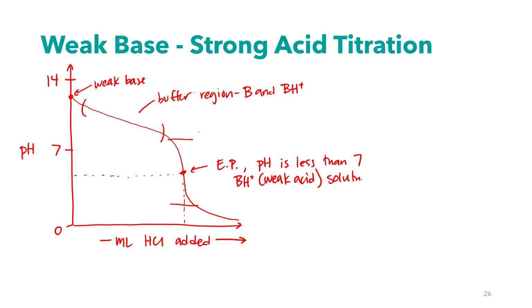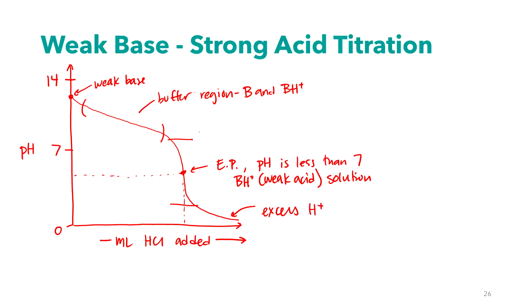That's why the pH has to be less than 7 here. And then beyond that, we've added in more HCl than I had of my base, so once I see how much HCl has been consumed, I take my extra and I calculate out my excess H plus.